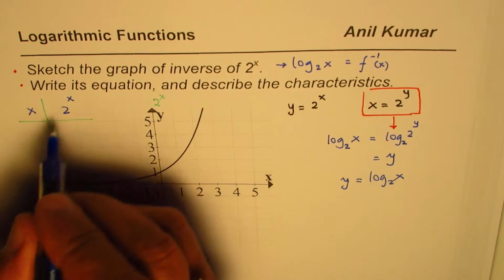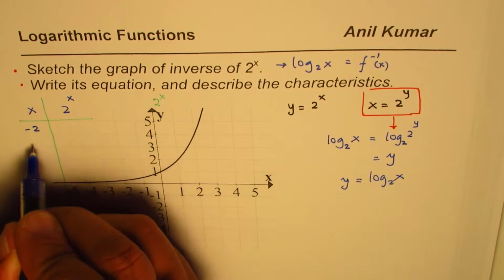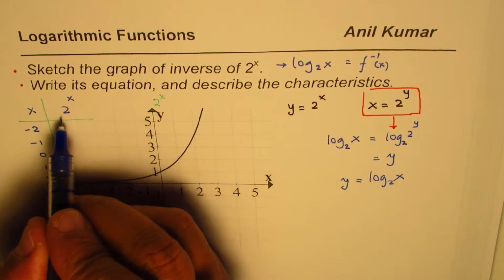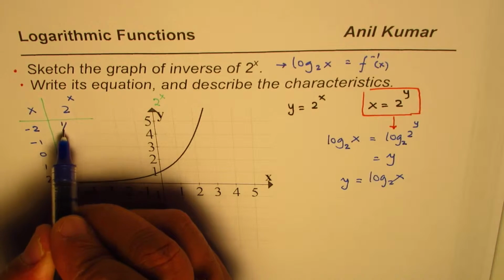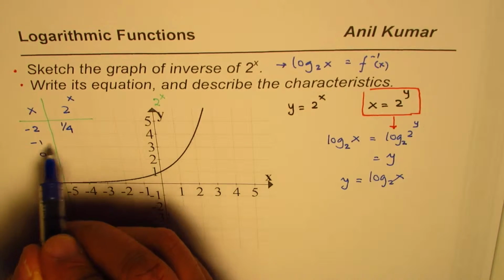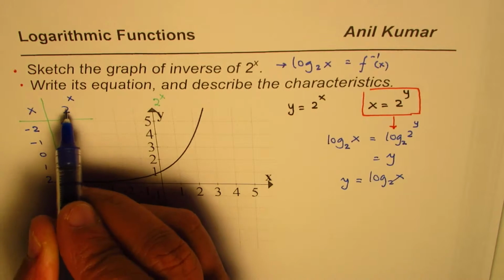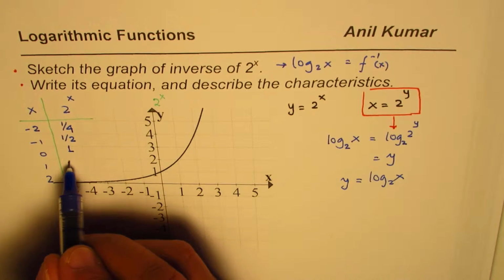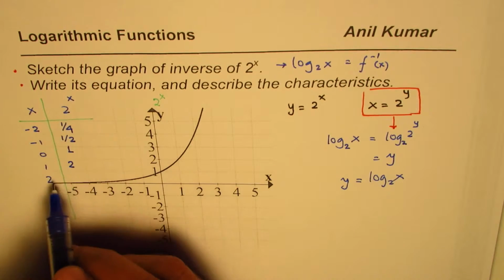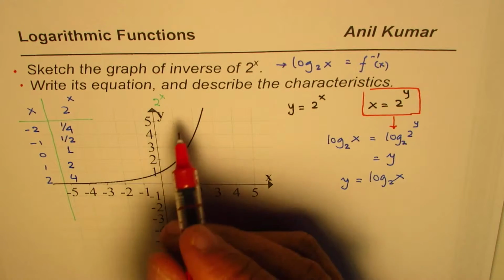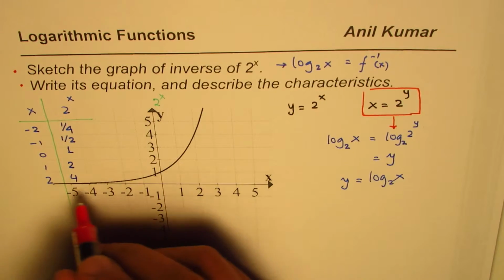So if I have values like minus 2, minus 1, 0, 1 and 2, then 2 to the power of minus 2 is 1 over 4, 2 to the power of minus 1 is half, anything to the power of 0 is 1, to the power of 1 will be the base itself, and to the power of 2 is 4.